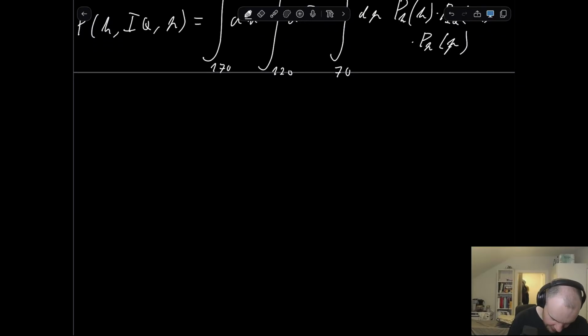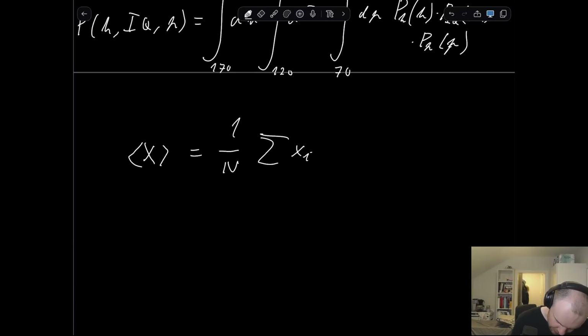Given that I have some sample, so I have some mean like we had, and this is just equal to 1 over n, the sum of x_i, from 1 to n, right? We have some sample mean here. And let's say it was a coin toss, for example, it could be height, etc. Doesn't matter.